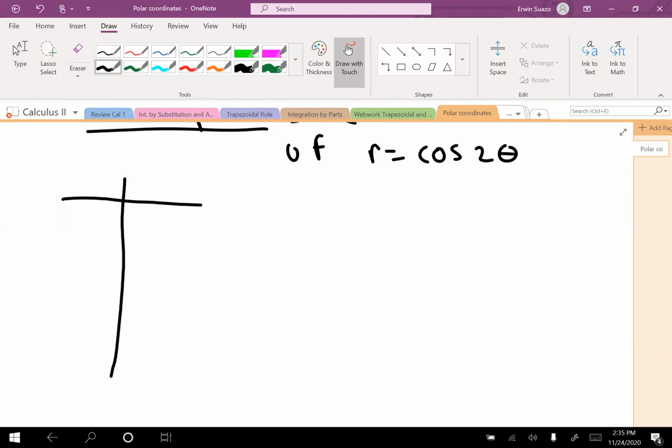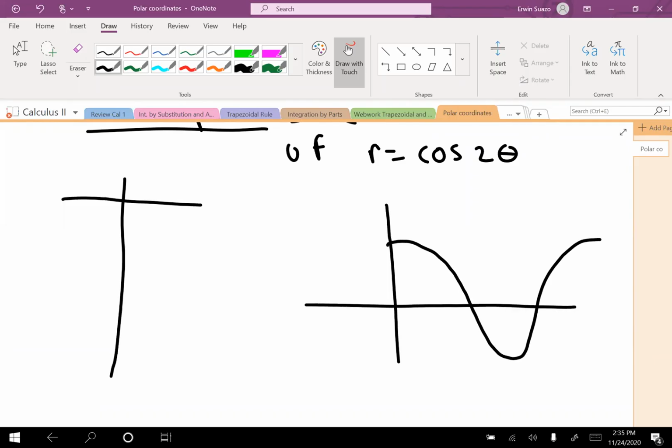Yeah, let's remember how cosine goes. The usual cosine is like this, right? So let me make a little table here so you guys don't get confused. This is 0, this is pi halves, this is pi, and this is 2 pi.